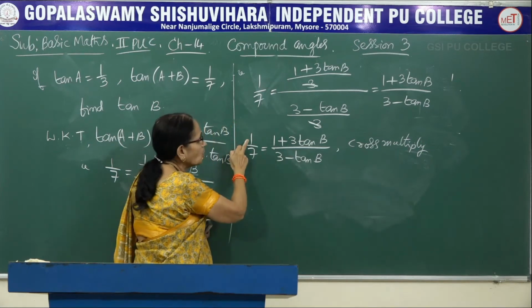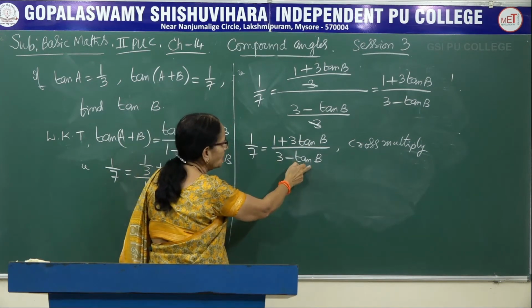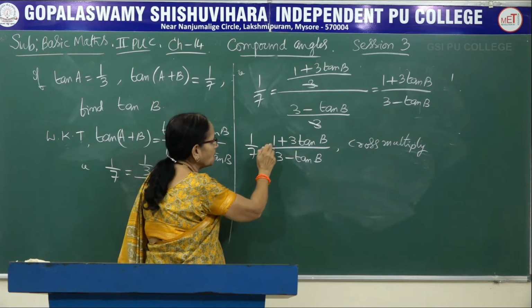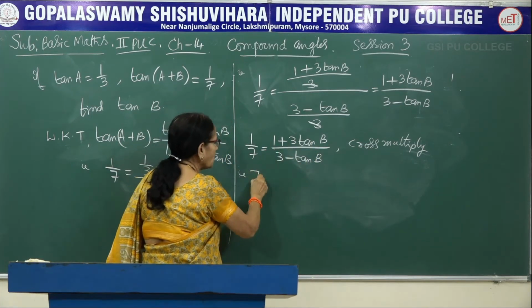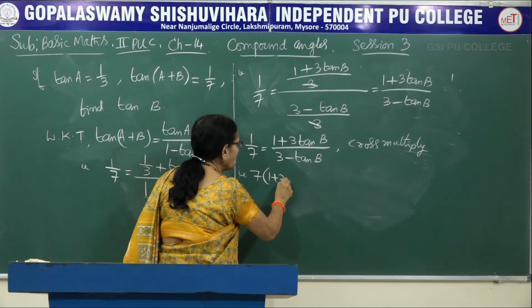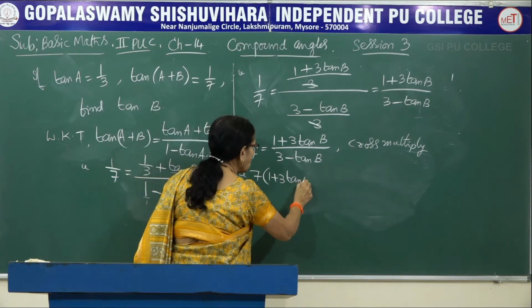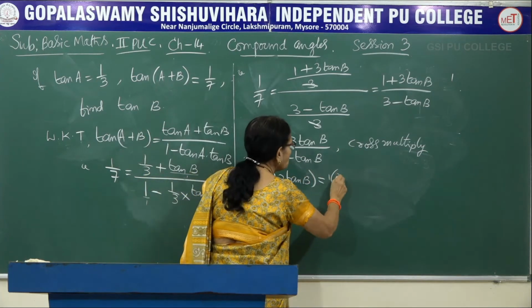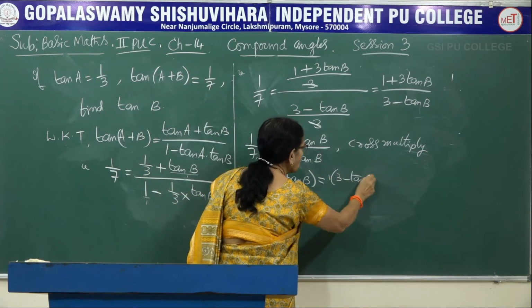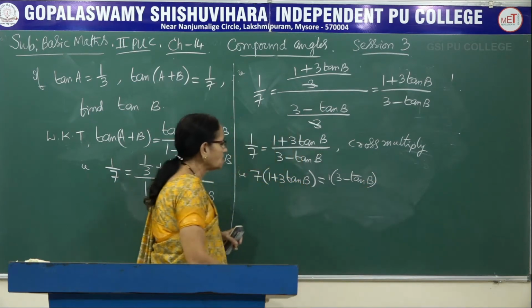Then that is 1 into 3 minus tan B should be equal to 7 into 1 plus 3 tan B. So let me write 7 into 1 plus 3 tan B is equal to 1 into 3 minus tan B. 3 minus tan B.